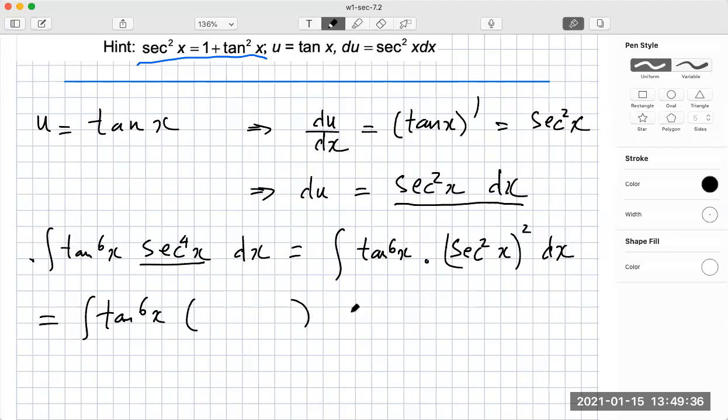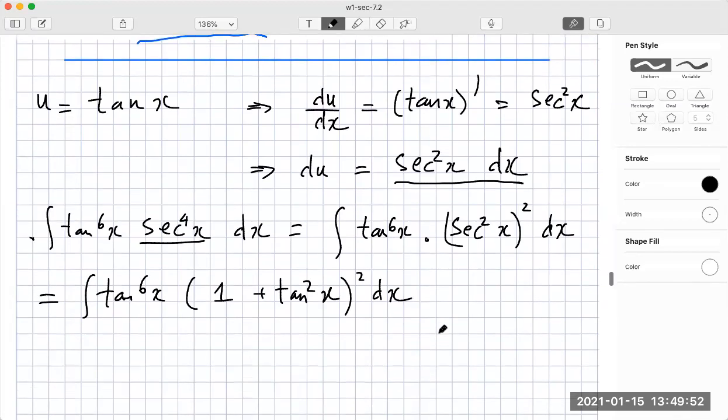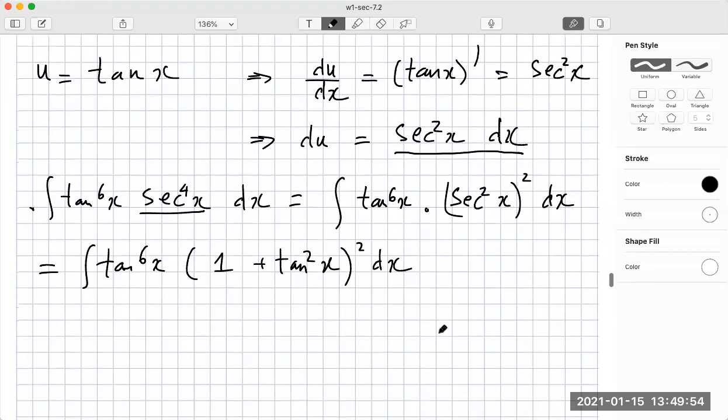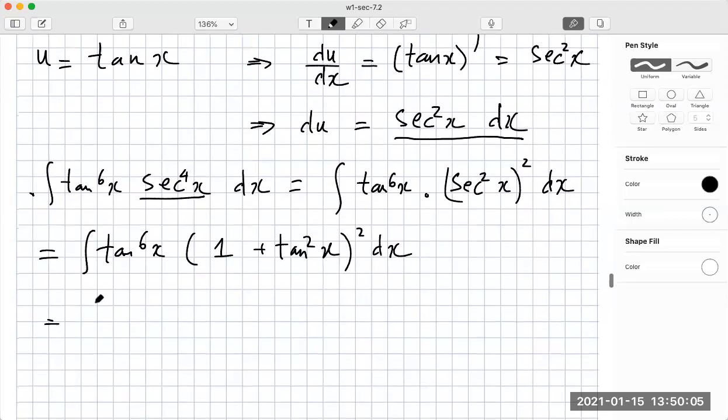So what is it here? Yes, very good. But before doing that, because writing tan is always longer than writing u, let us replace the variable now, and it will save a little more time.